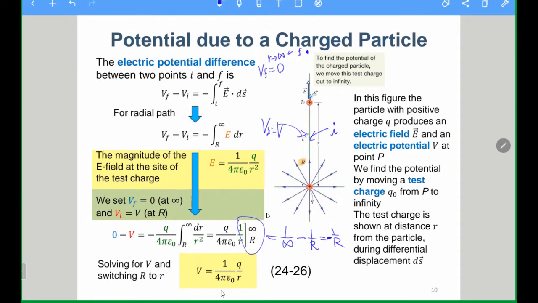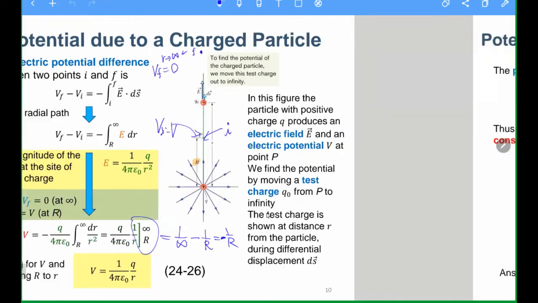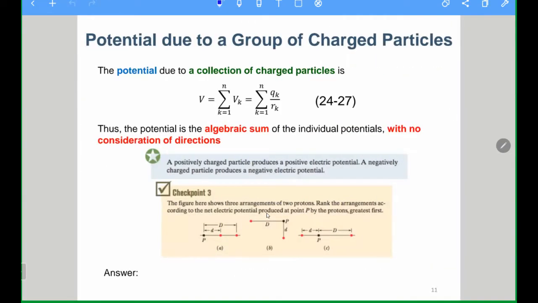So this is the expression for the potential generated by a charged particle. If we have a group of charged particles, we try to find the potential generated by each charge one by one, and then add them together. The fortunate thing is that the potential is a scalar rather than a vector.